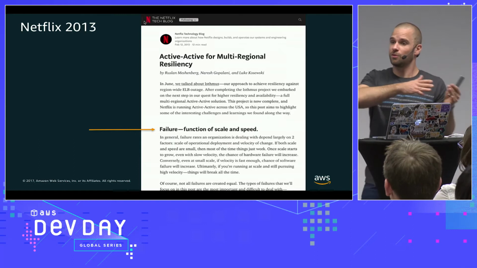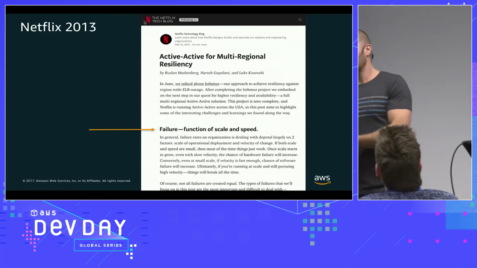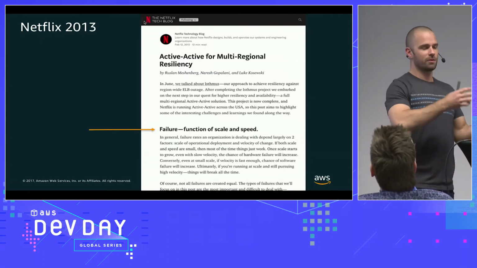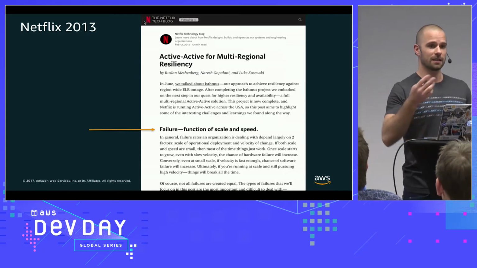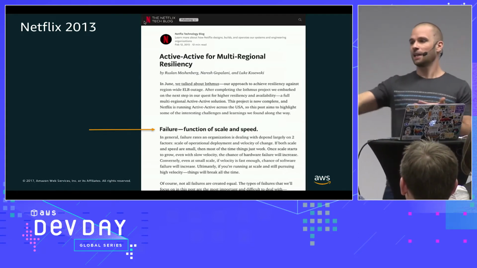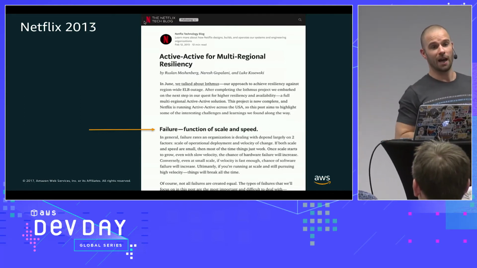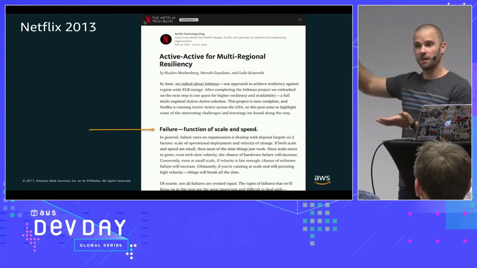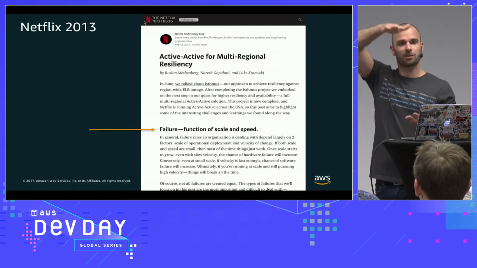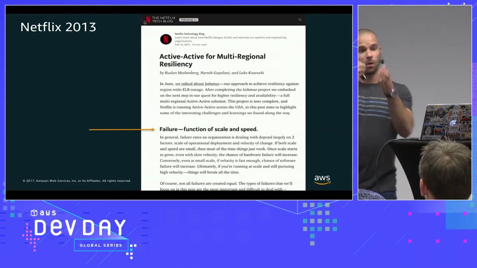That means that the faster you go, the more prone to errors you are. Right? So what they realized is that they were hitting a block, that they couldn't go fast enough because they started to have all those early bugs, early failures that we talked about. So the early failure rate started to increase, and they wanted to remove that.